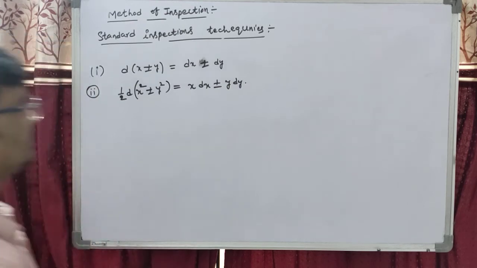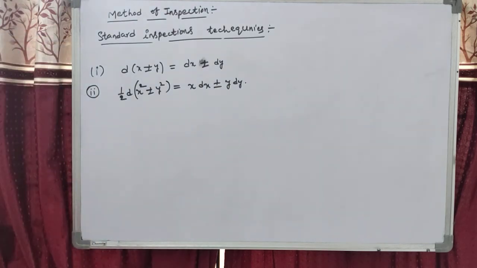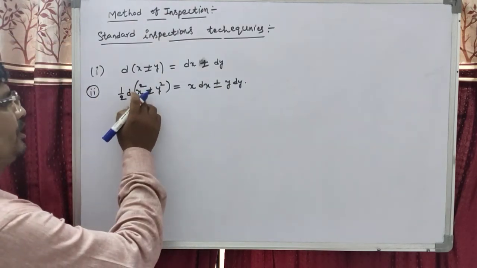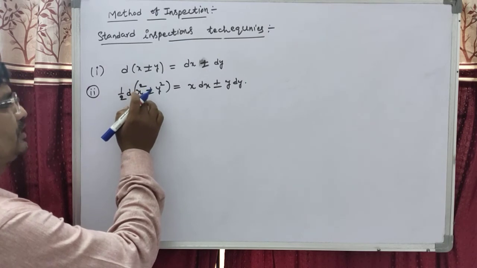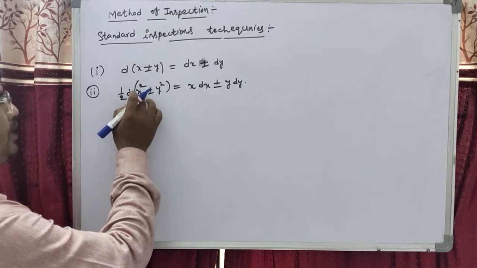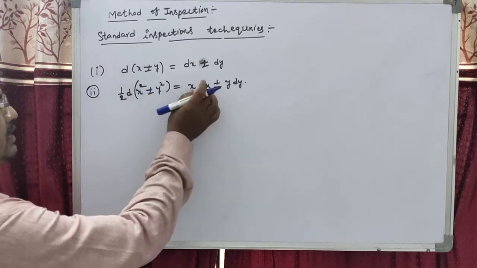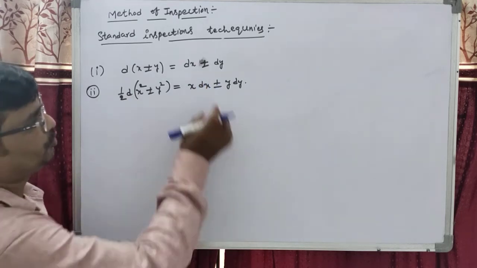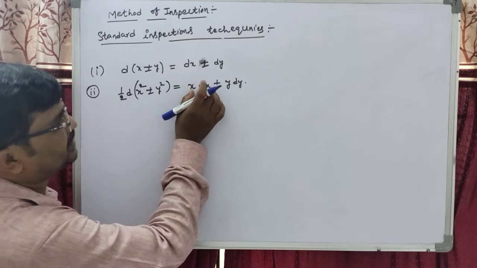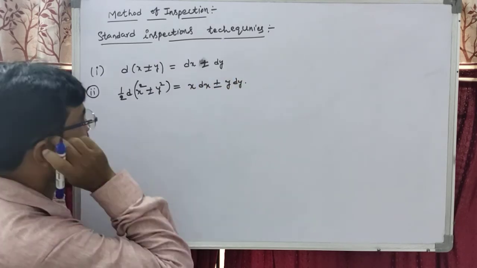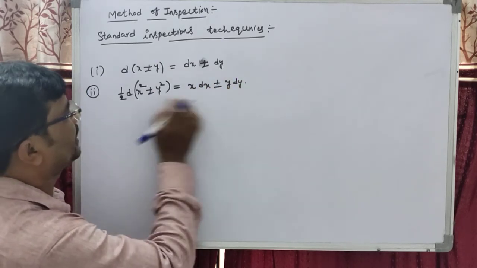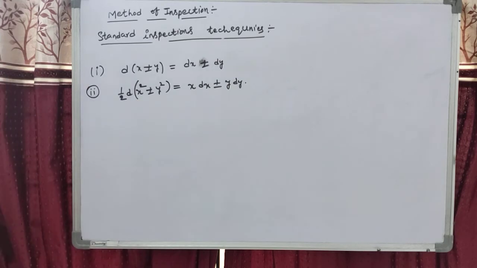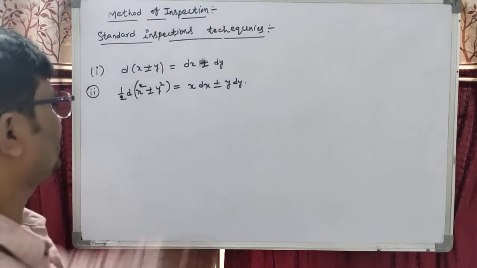You can find the derivative of x square; everybody knows that. What is the derivative of x square, students? 2x. Therefore the 2 cancels, and the derivative of x is dx. When you observe x dx and y dy, undoubtedly you can write this as the derivative of x square plus y square, x square plus y square.